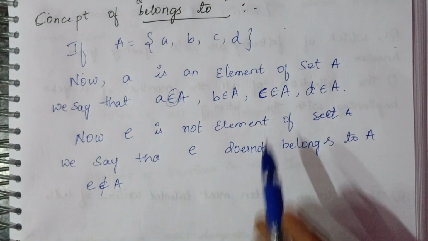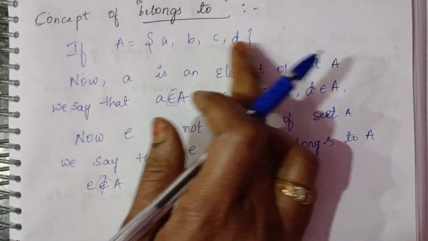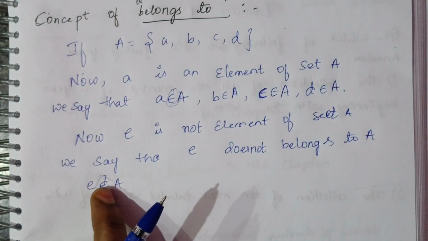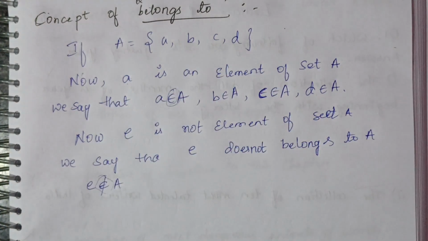This symbol means does not belong to. Now in set A, B, C, D are there. E is not there. So we write E does not belong to set A. This is the concept of belongs to.